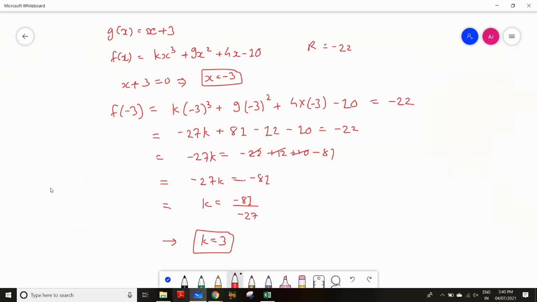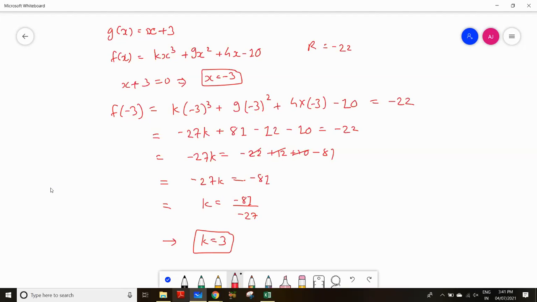We have to just put the condition and we'll get the value of k. Yes, sir, I've written. Okay, done.